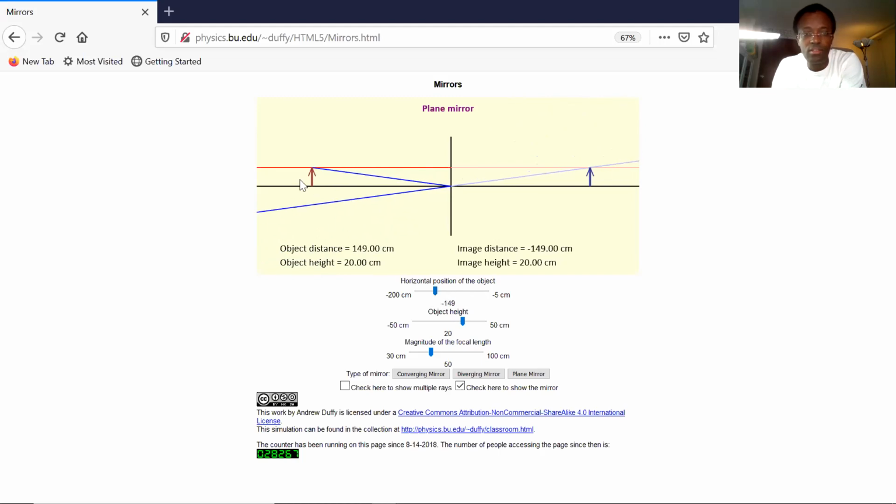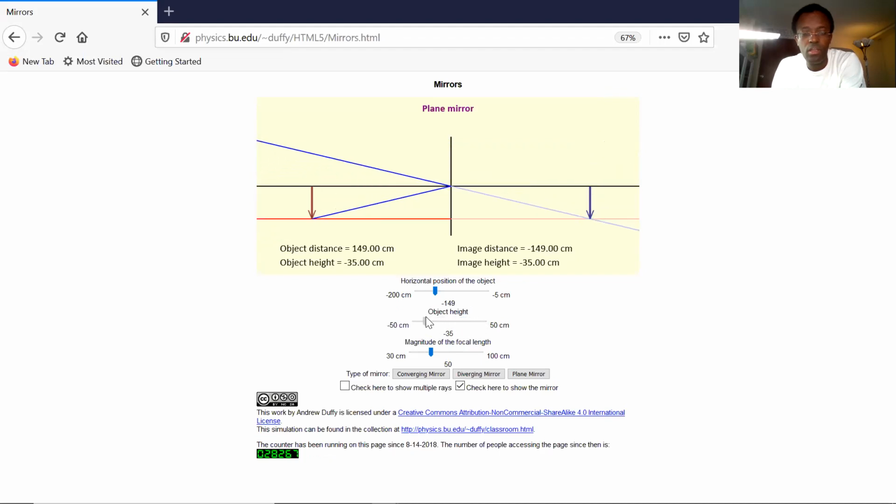The red line is a ray of light, and the blue lines, these are rays of light coming from the object. I can change the height of the object. I can make it smaller, taller.